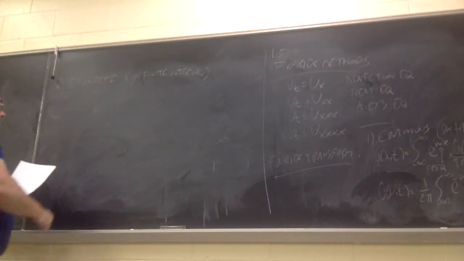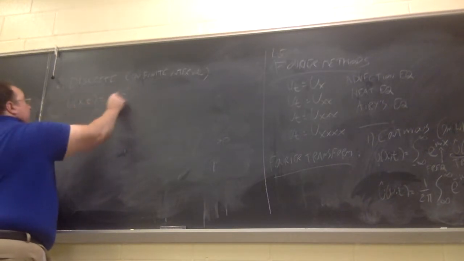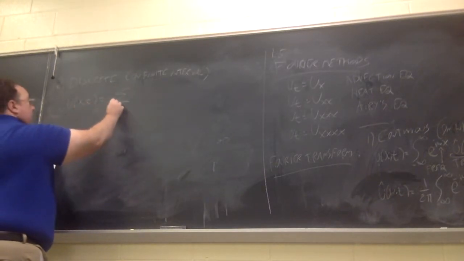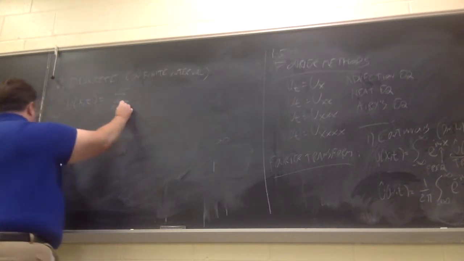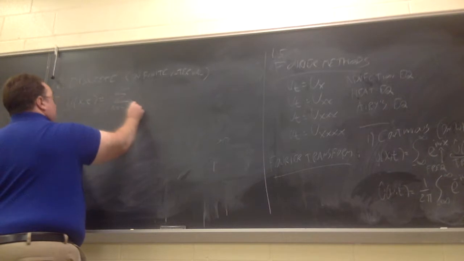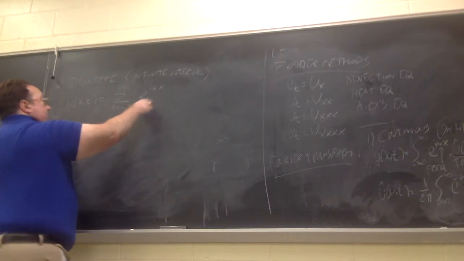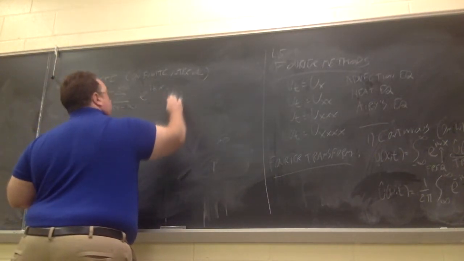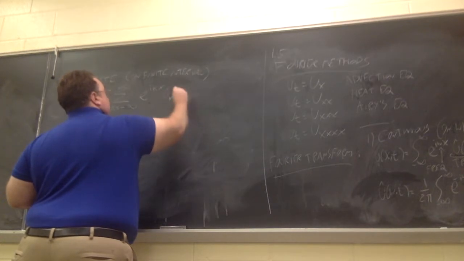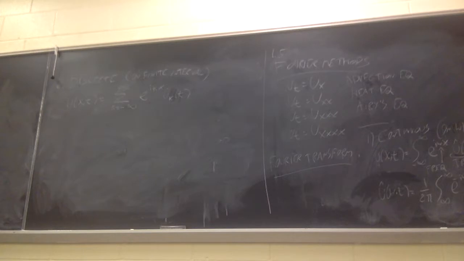So u is now written as a sum, and we still have Fourier wave functions here. We still have Fourier coefficients. But now we have a summation instead of an integral.